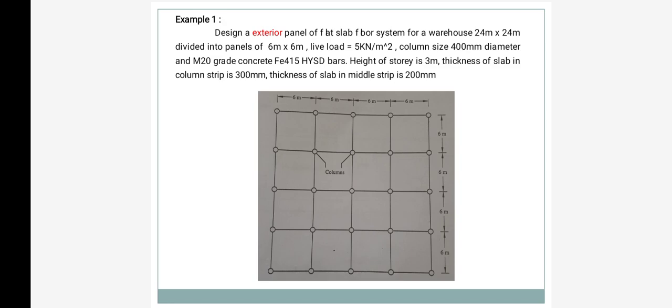Column size is 400 mm diameter, M20 grade concrete, Fe 415 steel. Height of story is 3 meter. Thickness of slab in column strip is 300 mm. Thickness of slab in middle strip is 200 mm.